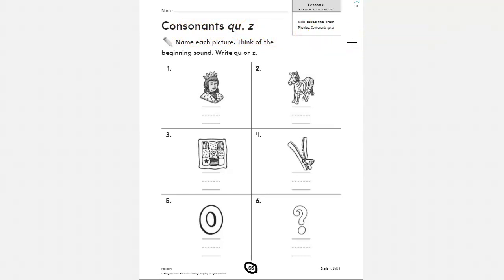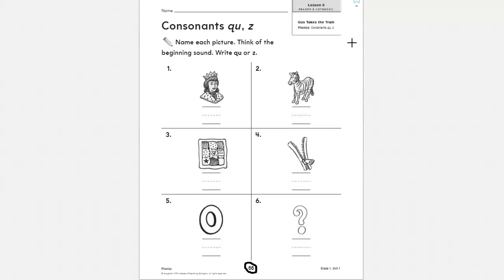Okay, so if you need a couple of seconds to get your reader's notebook out and open to page 66, go ahead and pause the video so that you are all ready to begin. If you are open to page 66 in your reader's notebook, then let's go ahead and get started. So we are working with the consonant sounds qu and z.